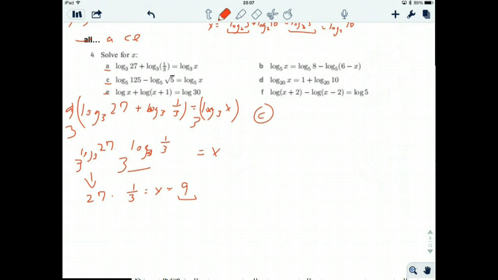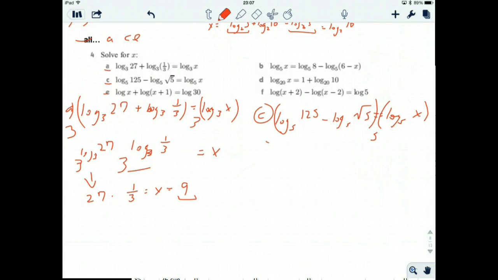C. Log base 5 of 125 minus log base 5 of square root of 5 is equal to log base 5 of x. Now we want to solve for x, so we just take both sides to the power of 5.